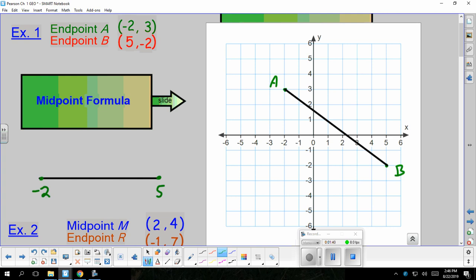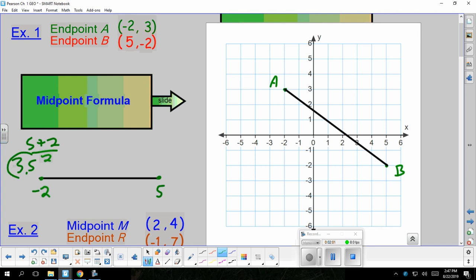How can I find the middle point of this? You add the 5 and 2 together and divide by 2. That's not going to give me the midpoint, though, right? Oh, wait, no. Yeah. So I get 3.5.